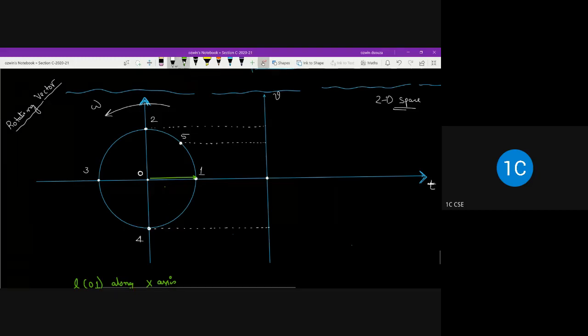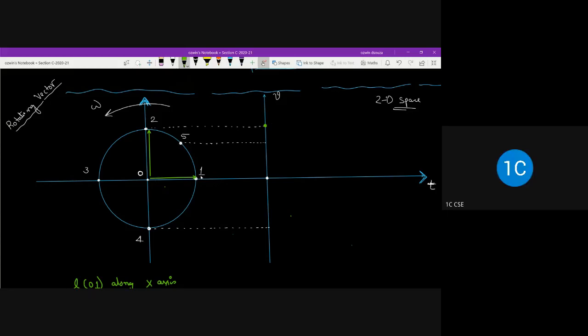On the other hand, when the vector is rotated in the anticlockwise direction with angular frequency omega and occupies position 2, can anyone tell me where I am supposed to do its projection in the two-dimensional plane? Can I do the projection here or somewhere else? From the origin. Yes.